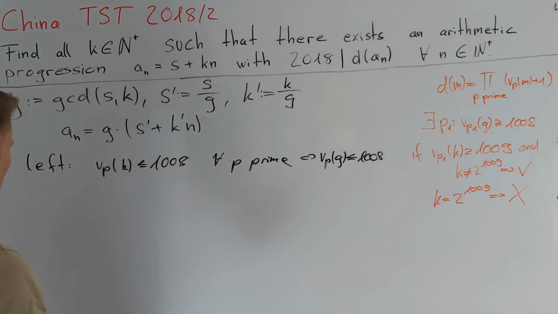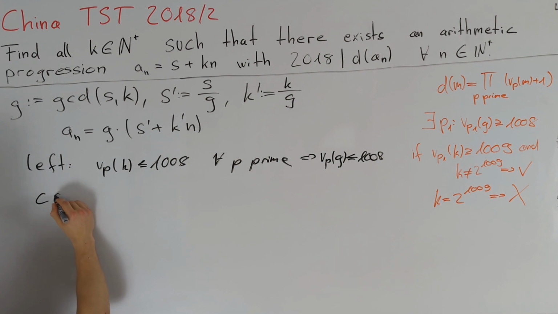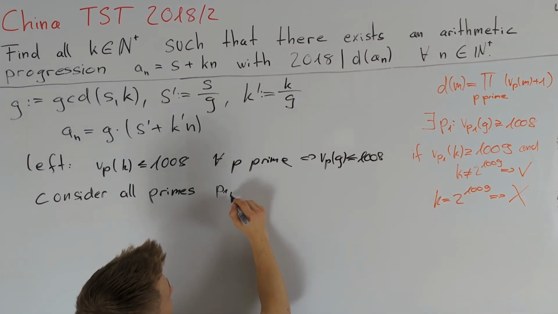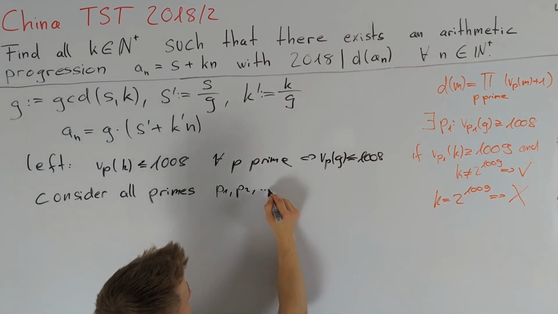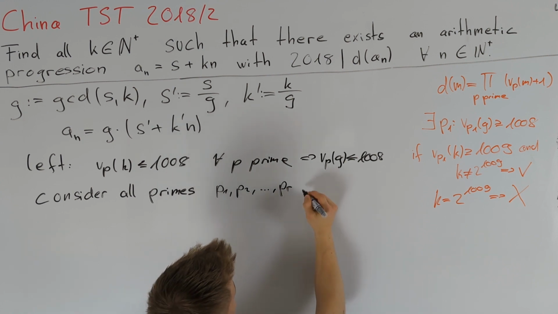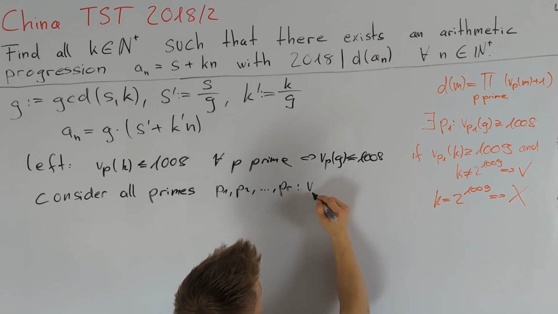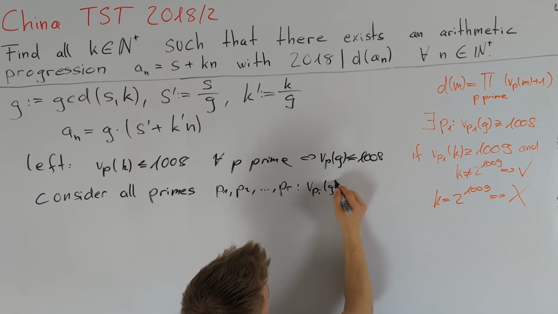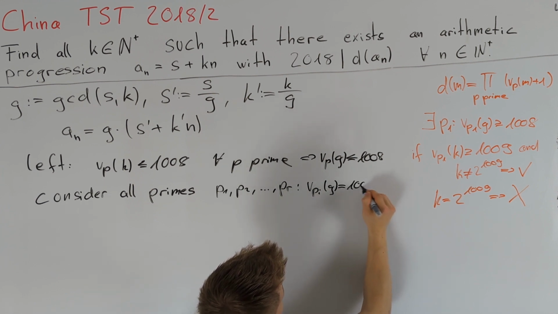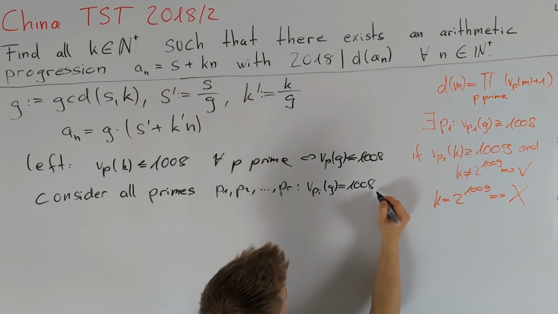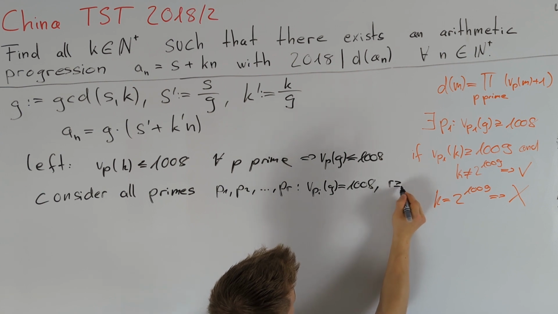And therefore, we are motivated to consider all prime numbers p1, p2, and so on up to pr, satisfying ν_pi(g) is equal to 1008. And as I already said, here we know that r is at least 1.